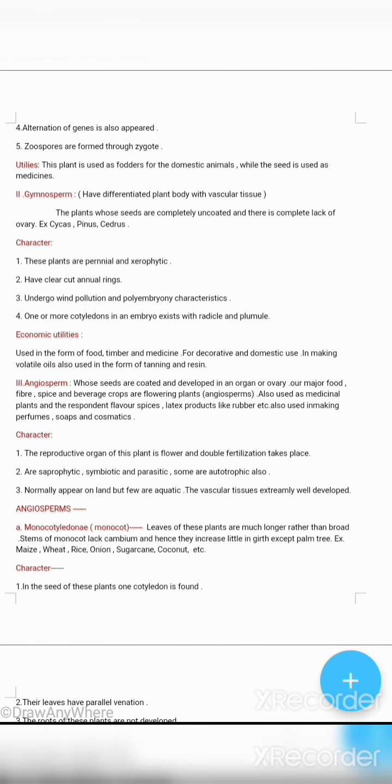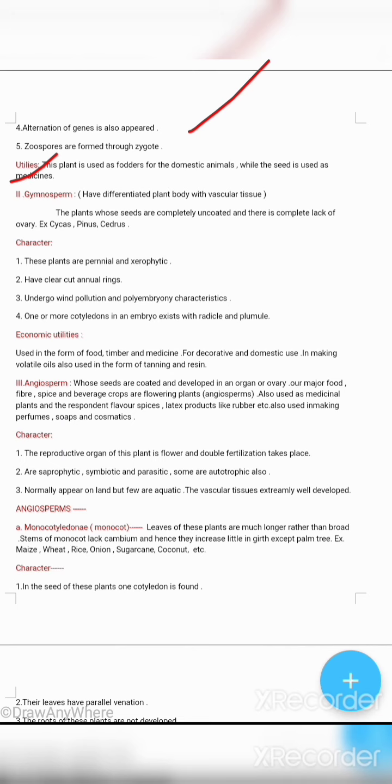The other characters of Pteridophyta: alternation of generations also appears, and zoospores are formed through the zygote. Utilities of Pteridophyta: this plant is used as fodder for domestic animals, while the seed is used as medicine.